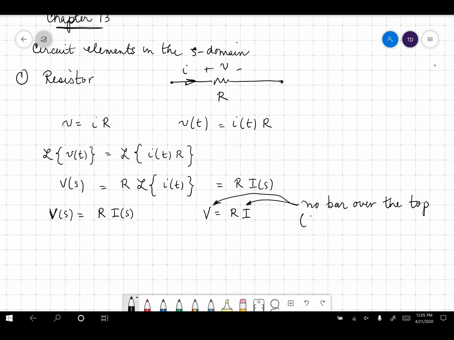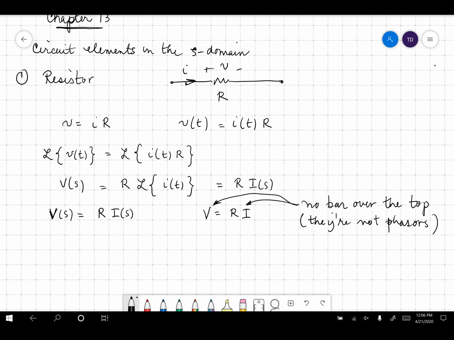So that means they're not phasors. The problem with this is when you look at it, you don't know if V and I are DC values.